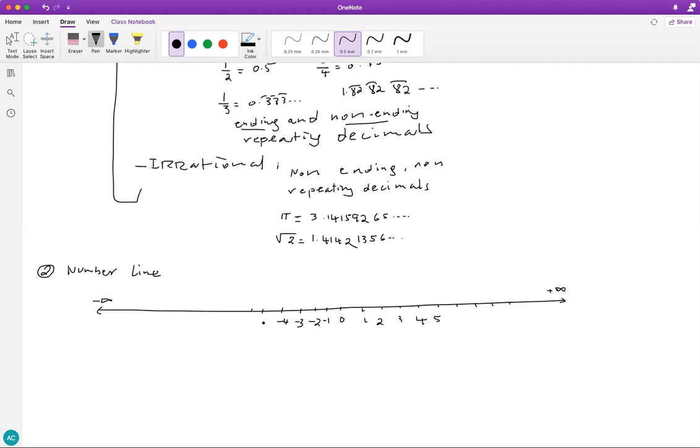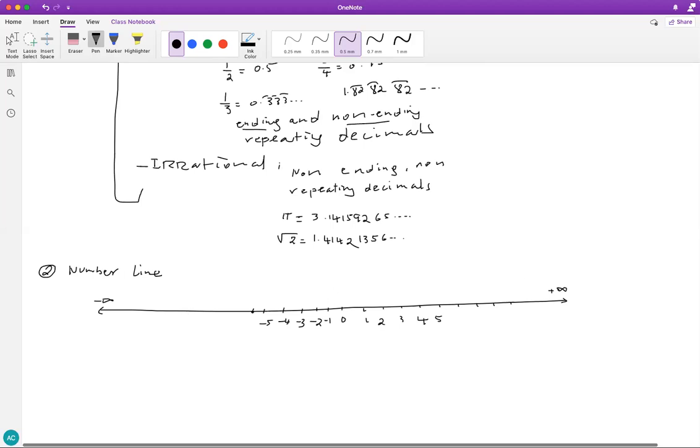-4, -5, and so on. So as you go this way to the left, the numbers get smaller. For example, -1 compared to -5: -5 is smaller than -1. The numbers to the right are higher than the numbers on the left. So 0 is higher than all the negative numbers. 0 is also smaller than all these numbers on the right.